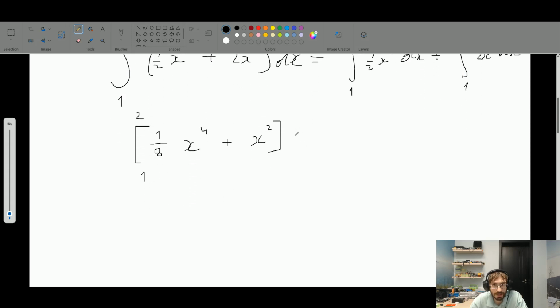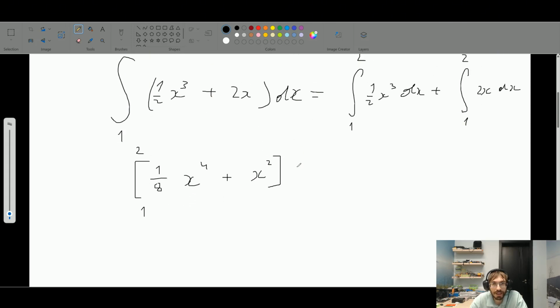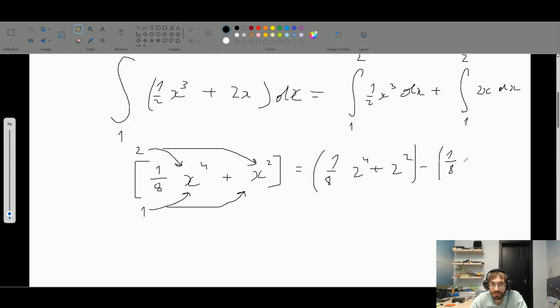Again, no constant. After this is done, we can plug in first 2 into every x, and we will get 1 over 8, 2 power 4 plus 2 squared, and then minus, we plug in 1 here and 1 here. So 1 over 8, 1 power 4 plus 1 squared.